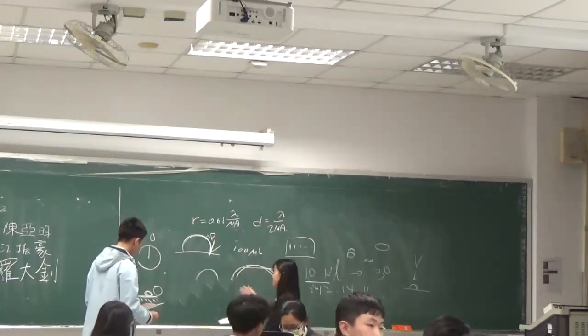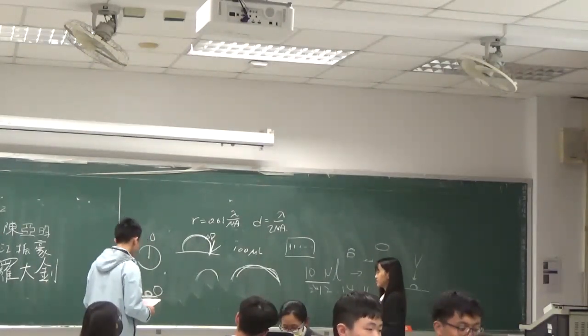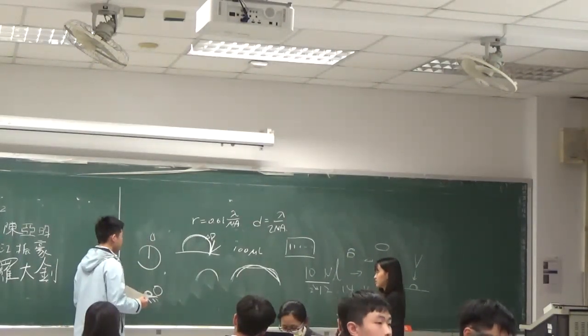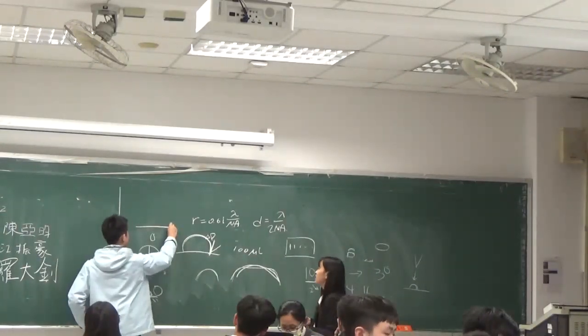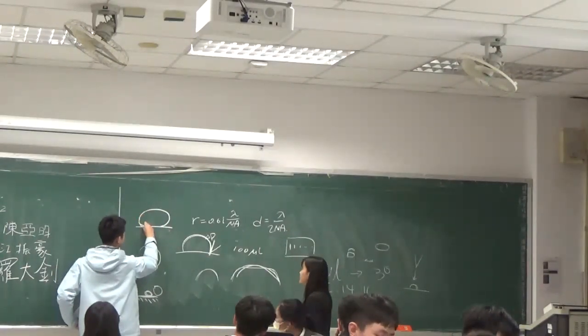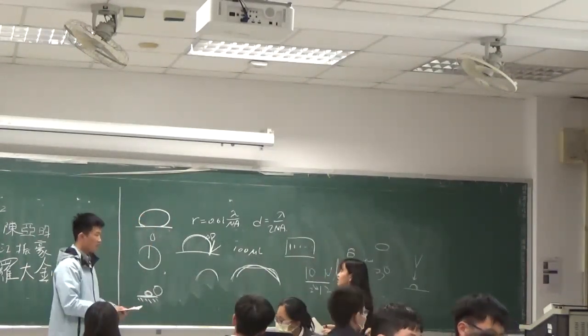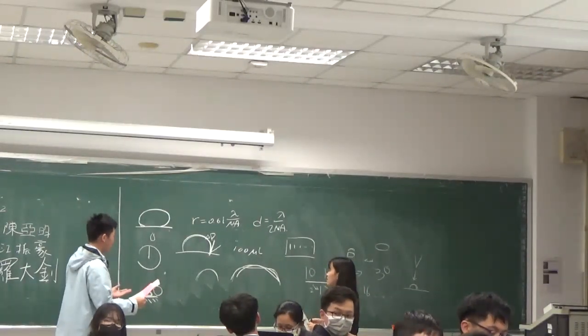The material will decide how spherical it is. If the droplet is like this shape, how will you measure the resolution and accuracy of this?